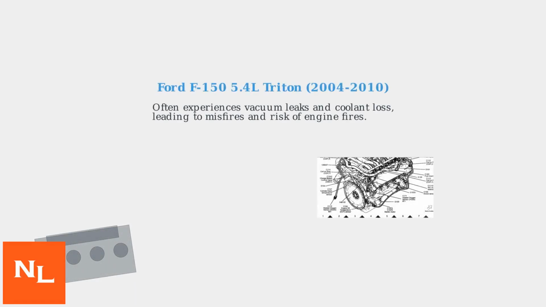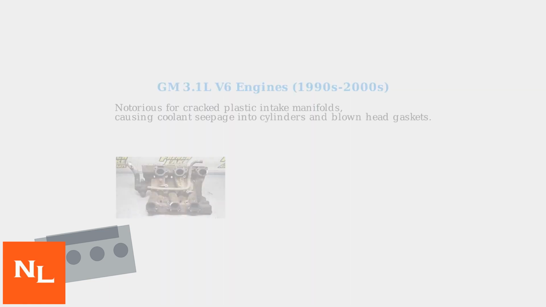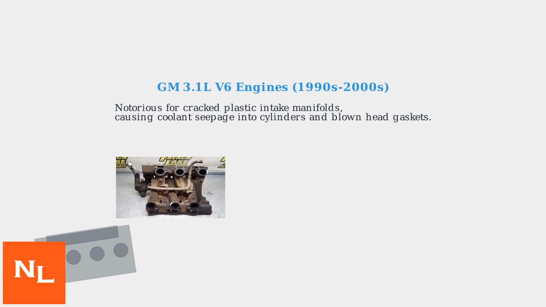Several vehicles are known for intake manifold gasket problems. The Ford F-150 5.4-liter Triton from 2004 to 2010 often experiences vacuum leaks and coolant loss, leading to misfires and even risk of engine fires in extreme cases. GM 3.1-liter V6 engines from the 1990s to 2000s are notorious for cracked plastic intake manifolds, causing coolant seepage into cylinders and resulting in blown head gaskets.